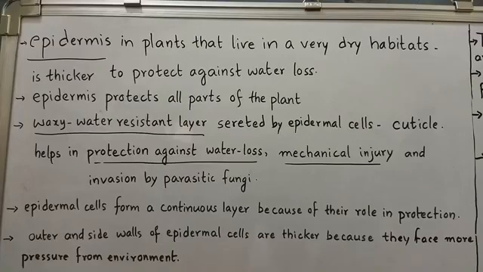If plants have a very thin epidermis, then the water loss will increase. So the epidermis in plants that live in very dry habitats is thicker to protect against water loss.